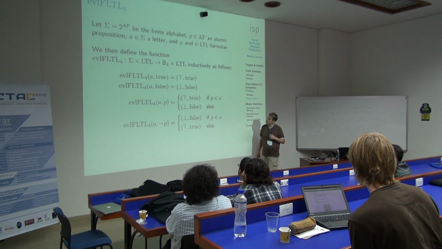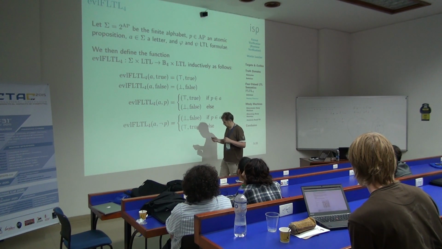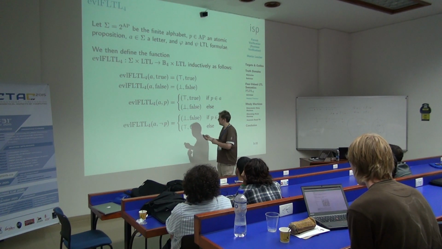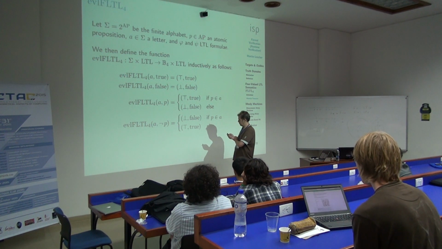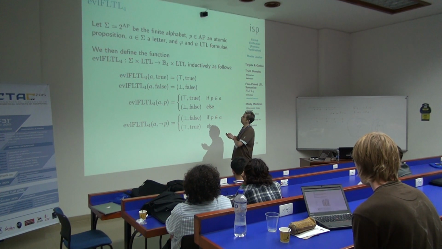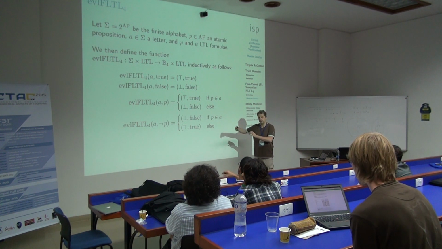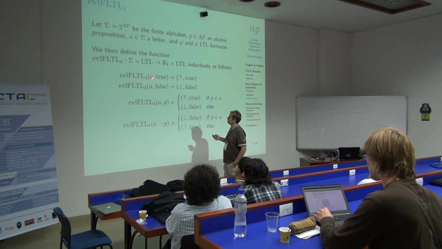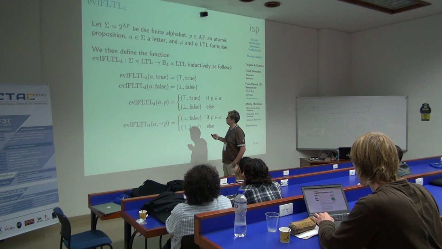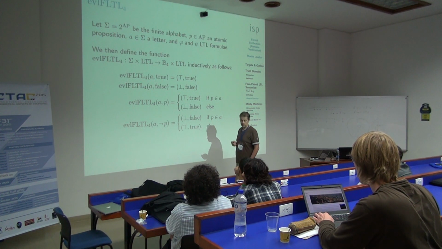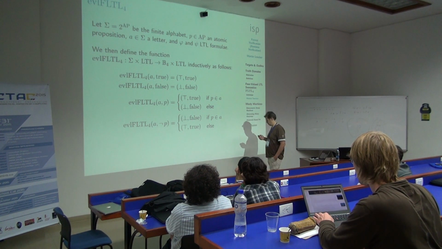So the procedure is called eval FLTL4. We get a letter, we get a formula, and we produce the current truth value, and we produce a new formula that we're going to check in the next step, for the next letter. So we apply the function to a letter A and the formula, and we do it in a recursive fashion.